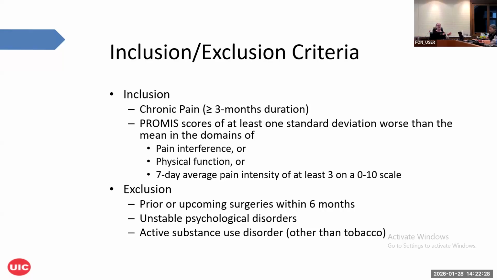Again, if it was stable, if we were managing them on medication or they were able to function in daily life, then that was fine. But if it was a schizophrenic break or something like that, really serious, bipolar disorder that was really not managed, then they wouldn't be able to participate to be able to get an effect.